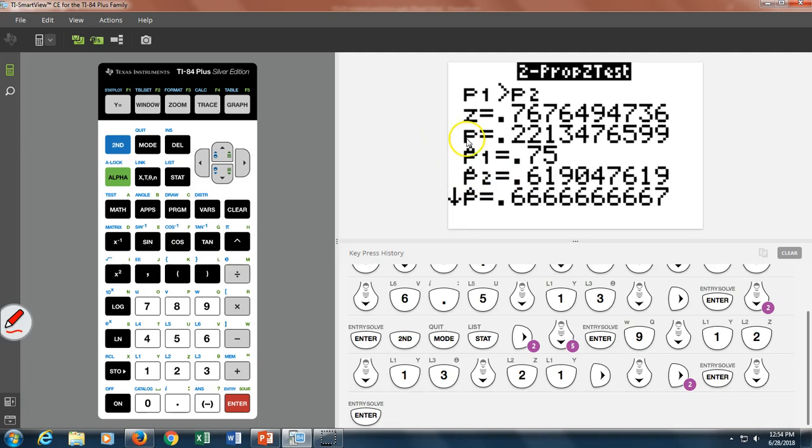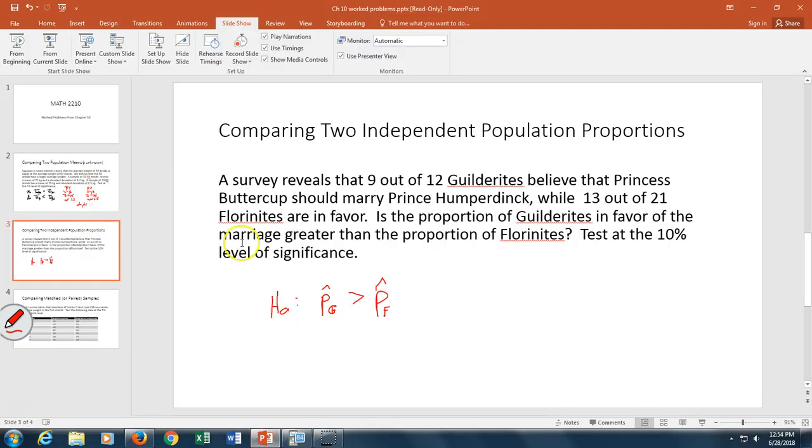If we were to conclude the alternative hypothesis and say this is greater than this, we'd have a 22% chance of being wrong. And generally speaking, that's just too high a chance of being wrong. Occasionally I've seen alpha equals 0.10, but I've never seen a case where people used a larger alpha than that. Now we have one more example we're going to do in this lesson.